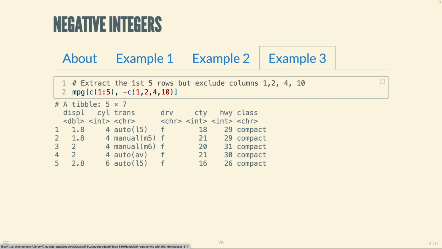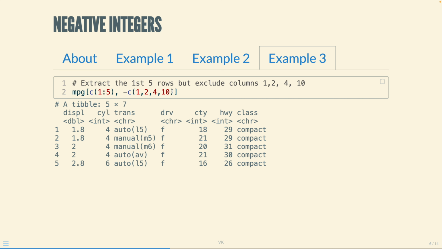A third way is to write it as a vector. Here, I'm going to switch it up. We are going to use the negative integer on the column index. So here we are extracting the first 5 rows, and then after the comma, we're going to place a negative sign and say don't extract columns 1, 2, 4, and 10.